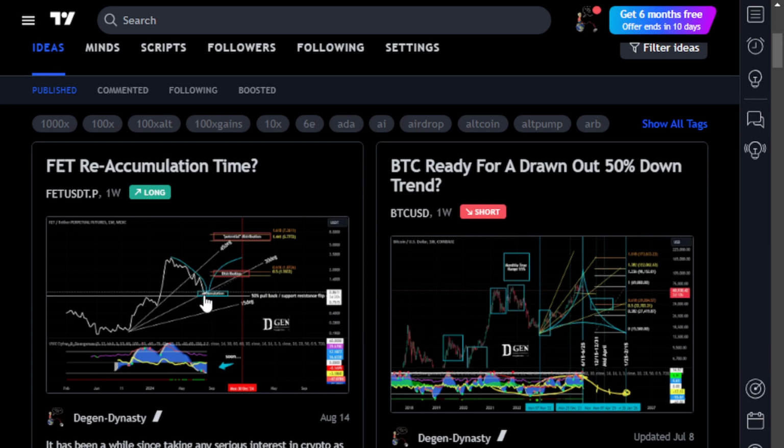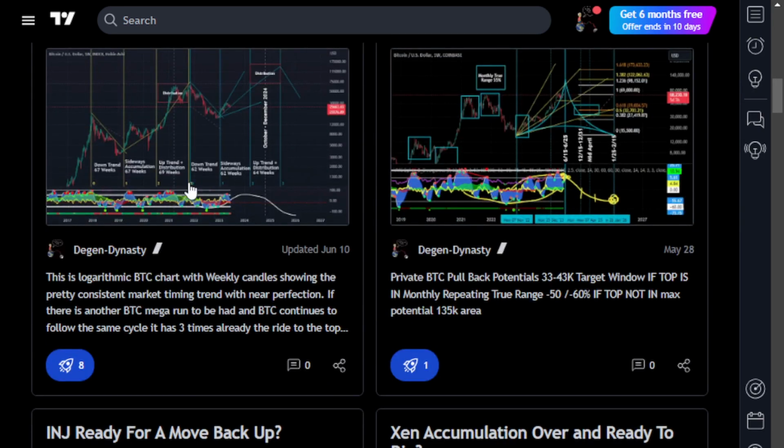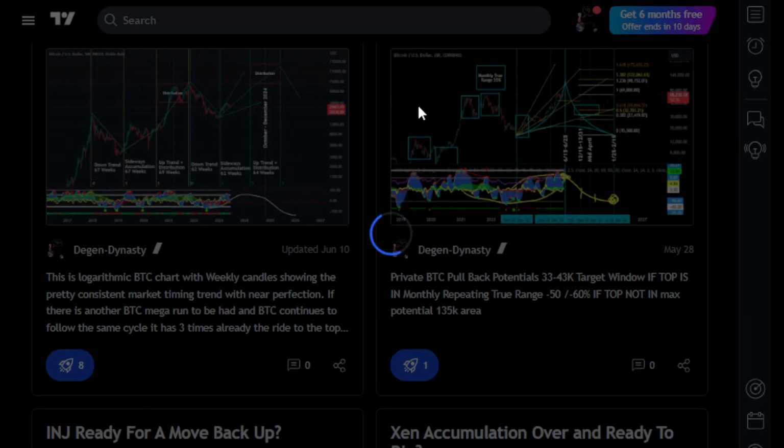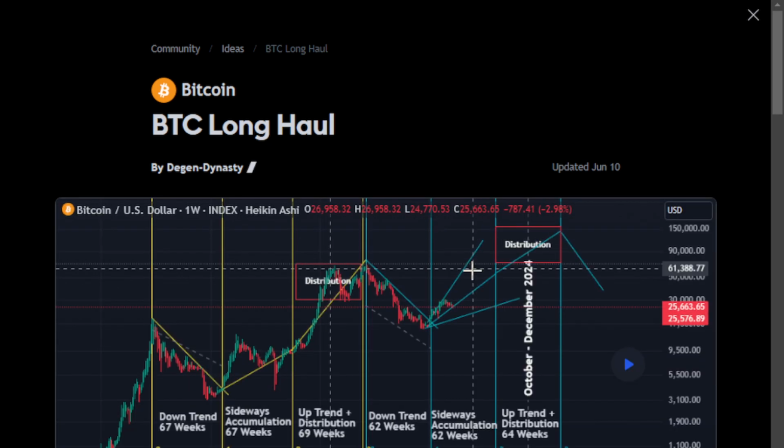And here's the FET that we're looking at from a couple days ago. On the macro scale, Bitcoin, way back in June of 2023, I was looking for a significant high here. And on the macro scale, I'm kind of in neutral. I see no reason why we can't come down to that $32,000, $42,000 level.